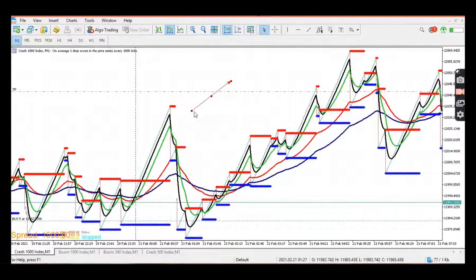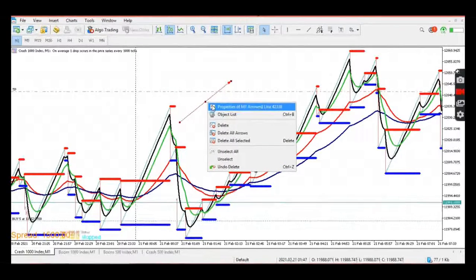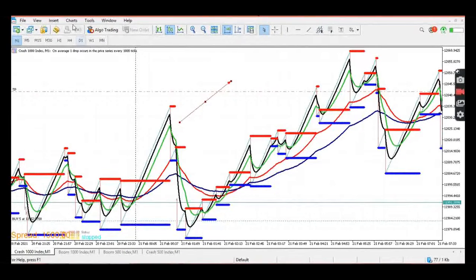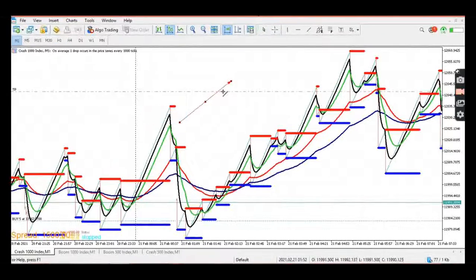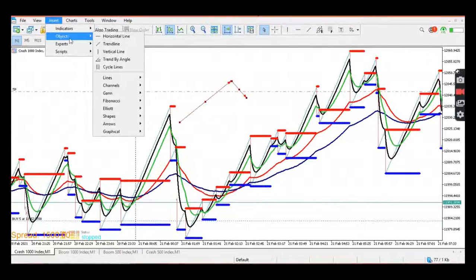So ordinarily, assuming the market started from this point, and the market tries to retrace downward, let me show you what I mean. Let me get this line. Alright, the market tries to retrace downward, and then what happened again? The market continues going up.